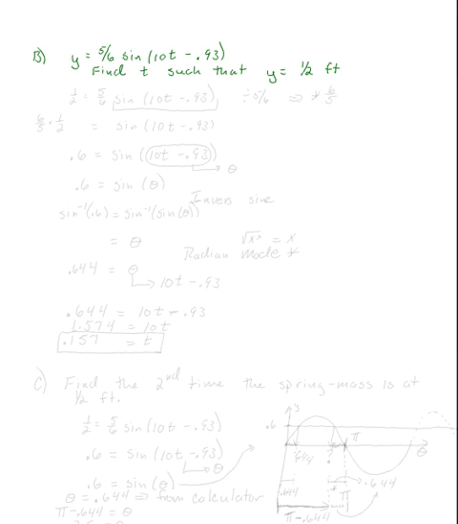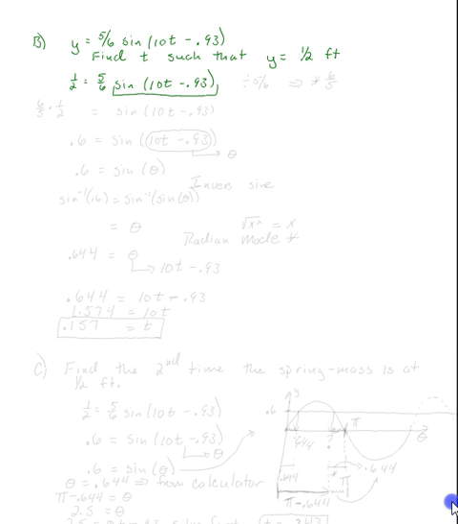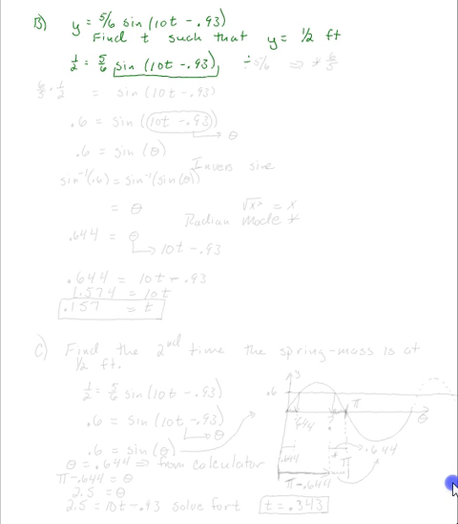Okay, so I have 1/2 equals 5/6 sine(10t minus 0.93). I want to again get the sine function by itself on one side. So I'm going to divide both sides by 5/6, which is the same thing as multiplying both sides by 6/5, to get the sine by itself.